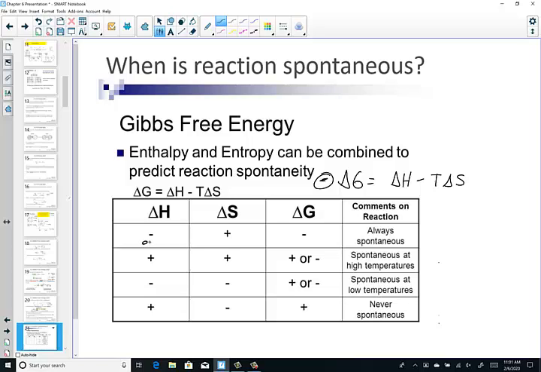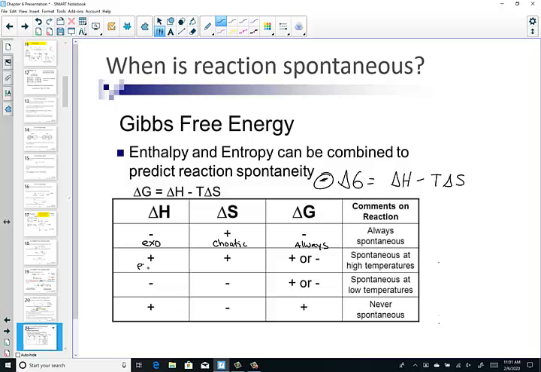Well, if my reaction is exothermic and the process is becoming more chaotic, this will always be a negative process, always spontaneous. Boy, that is always what we would like. Exothermic with an increase in disorderness, that'll be a spontaneous reaction.